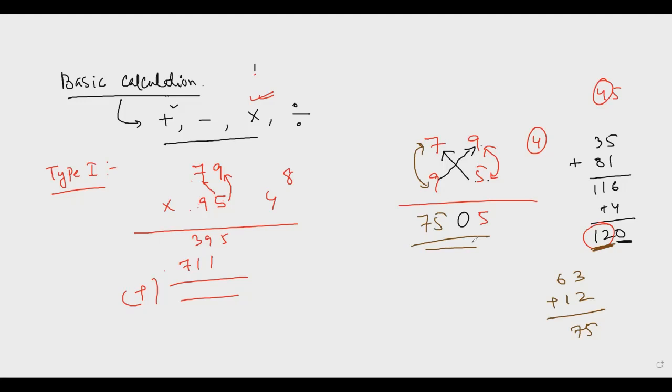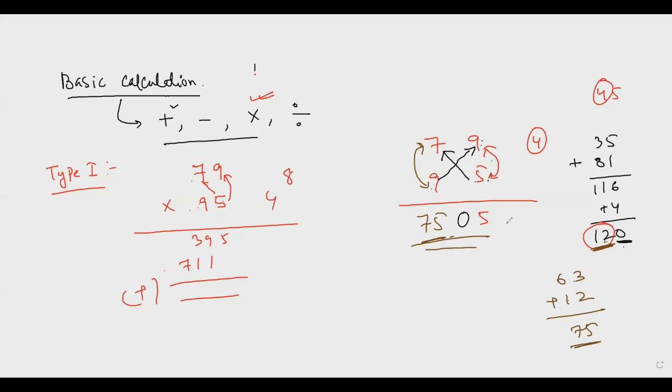Is that okay? So the method is very simple. First multiply the last two digits, then cross multiply and add, write the last digit. Whatever's left is the carryover. Then lastly multiply 63 and add this 12 and you are getting 75. You put 75 here. So this is how you multiply actually.